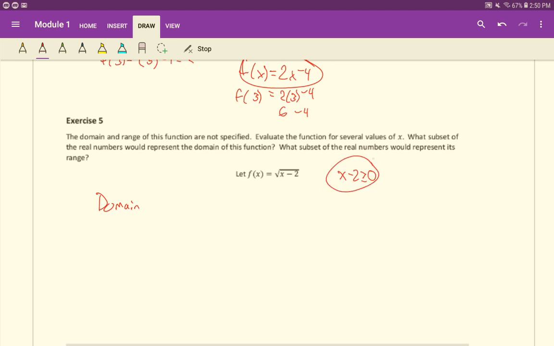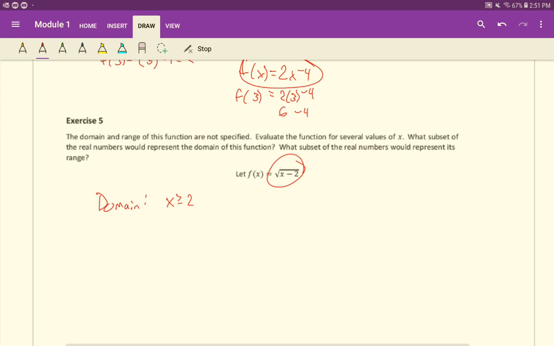So we can solve this here. Let's just solve it. We'll add 2 to both sides. And so we see a rule here. All x values greater than or equal to 2 are going to be okay. So our domain is going to be x values greater than or equal to 2. What about the range? Well, again, the smallest that a square root can be is 0.